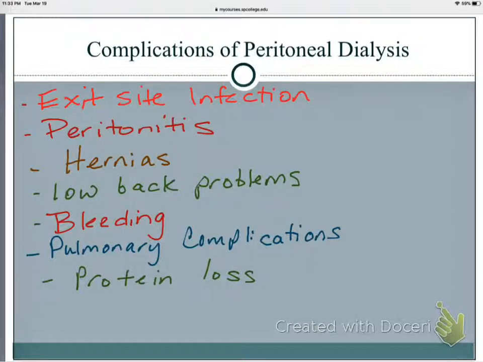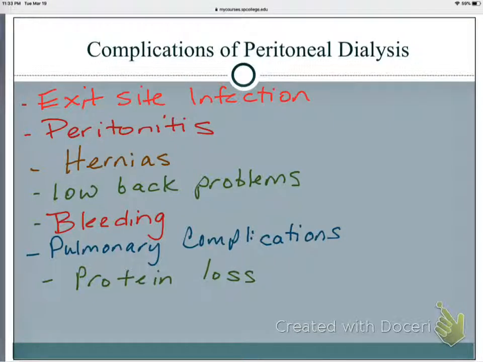So how can we fix this? Good. Incentive spirometer, yeah. But this is happening because the diaphragm is being displaced or pushed up. You can picture a patient with all this pressure on their diaphragm. So what would you do? Good. Set them up, right? Very good. Okay.